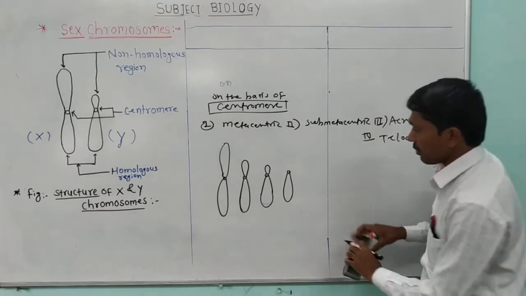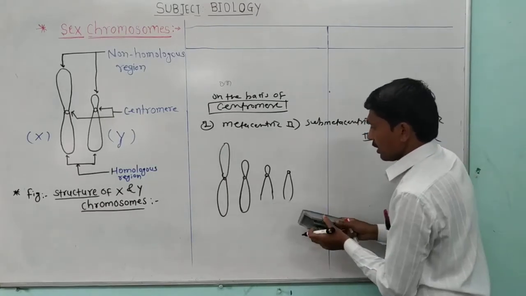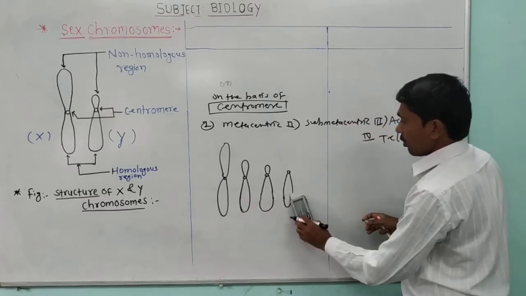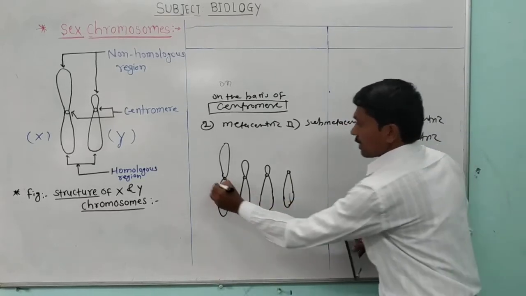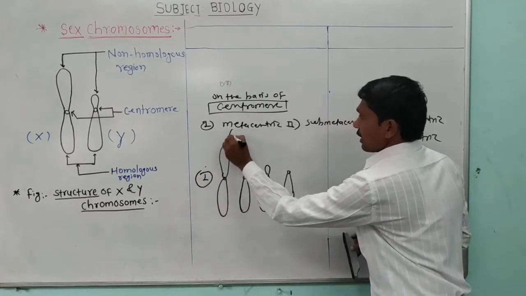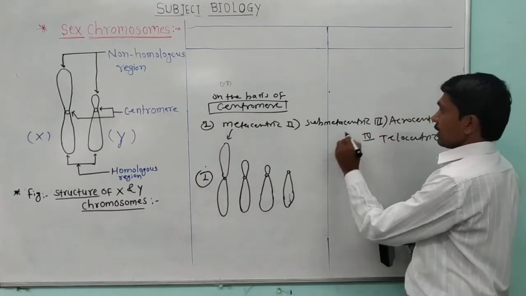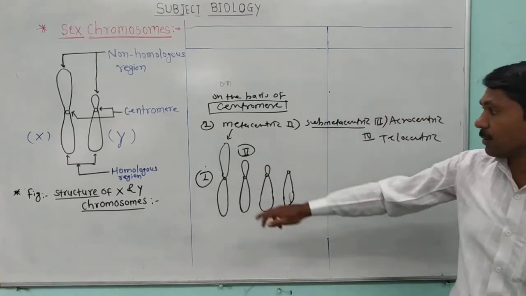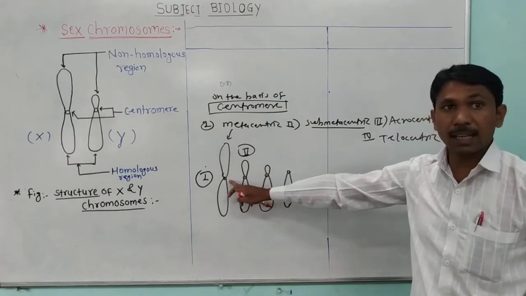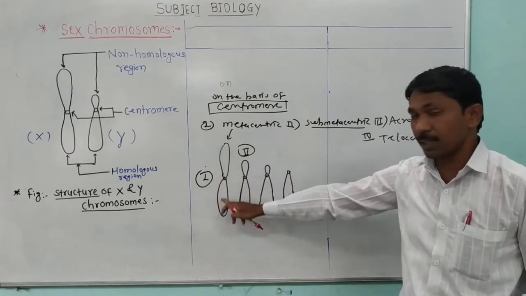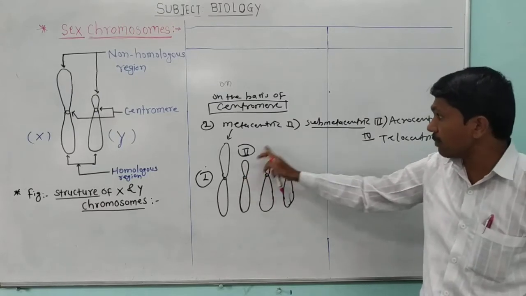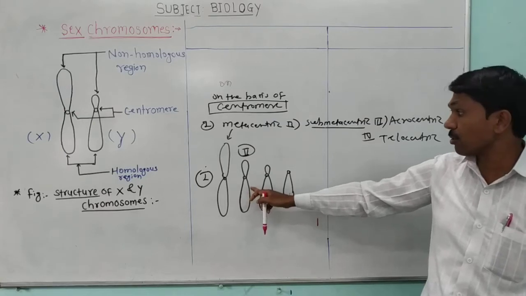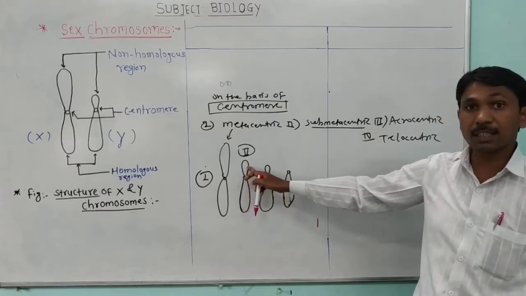So on the basis of the position of centromere, the chromosome is of four types. In the first figure, the two arms are similar, but in the submetacentric, one arm of the chromosome is large and one is small.